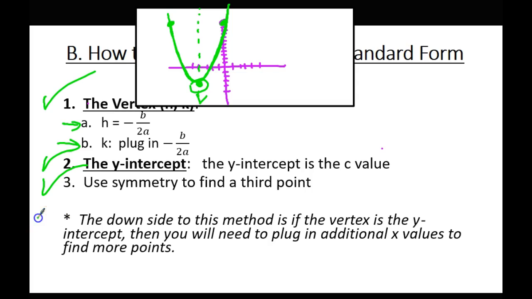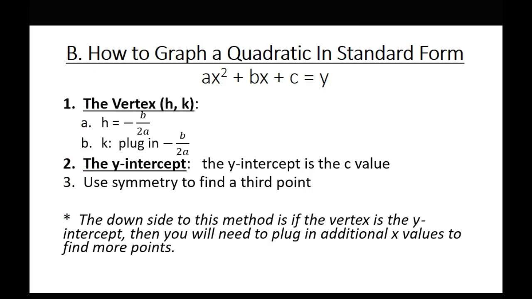So now there is a downside to this method. The downside would be it's possible that the vertex is the y-intercept. Okay? In other words, it's possible that this point and this point are the same.